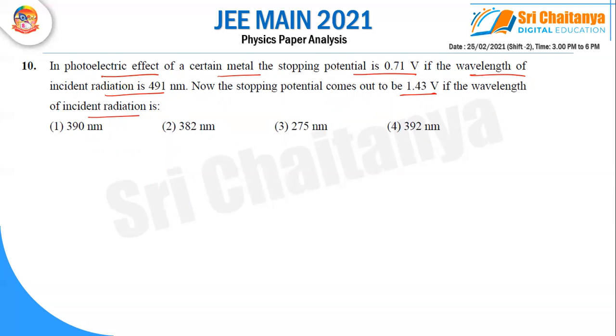So we have h nu is equal to h nu naught plus work function, that is, hc by lambda is equal to the work function plus the stopping potential term, eV naught.